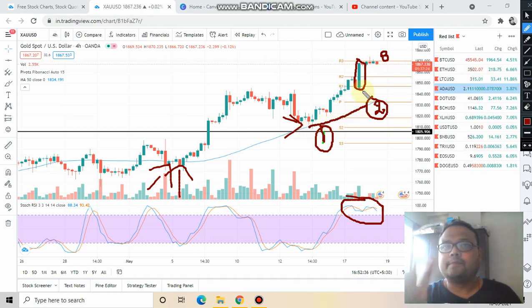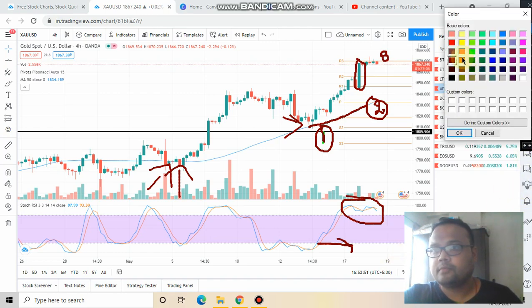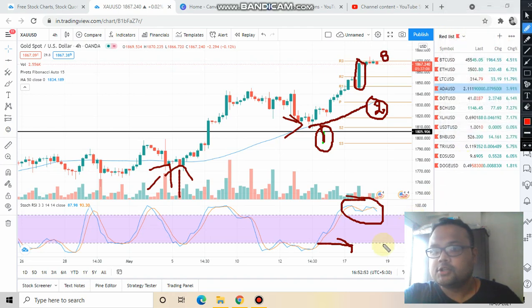So let the price come to you. Wait for the market to come down to the oversold zone. When stochastic RSI is in the oversold zone, just look at the position of the price. If you see that stochastic RSI is about to go up again, see, this is an oscillating indicator, its duty is to go up and down.